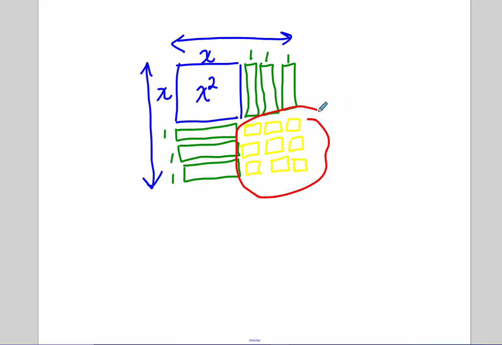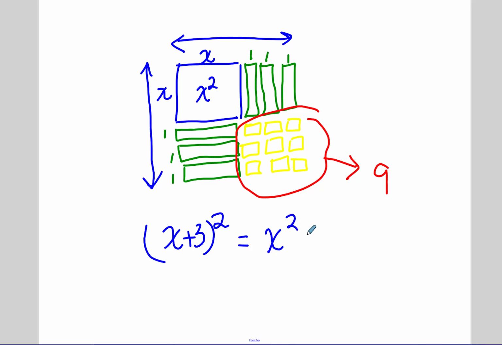I need 9 little single 1 by 1 blocks to have an x plus 3 by x plus 3 square, and it actually creates a physical model of a square. So that binomial squared, you can see how I have 2 3x's. I have 2 of those.